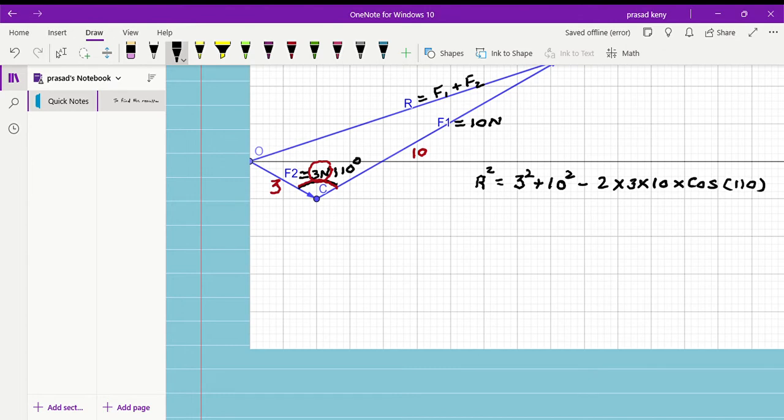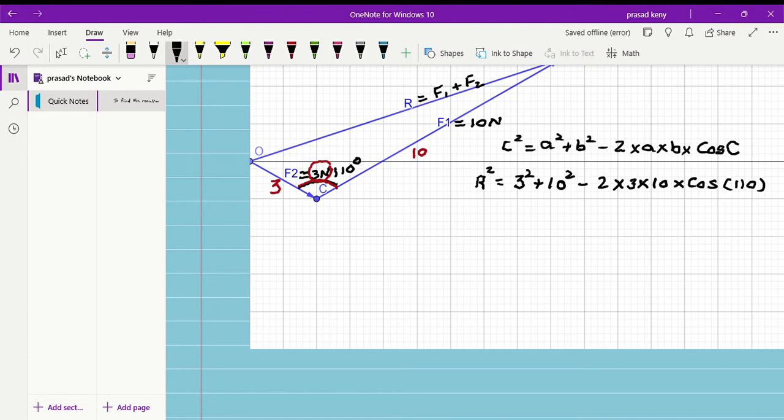You know the cosine rule, which is in the form c square is equal to a square plus b square minus 2 times a into b into cos of c, where c is the angle between a and b.